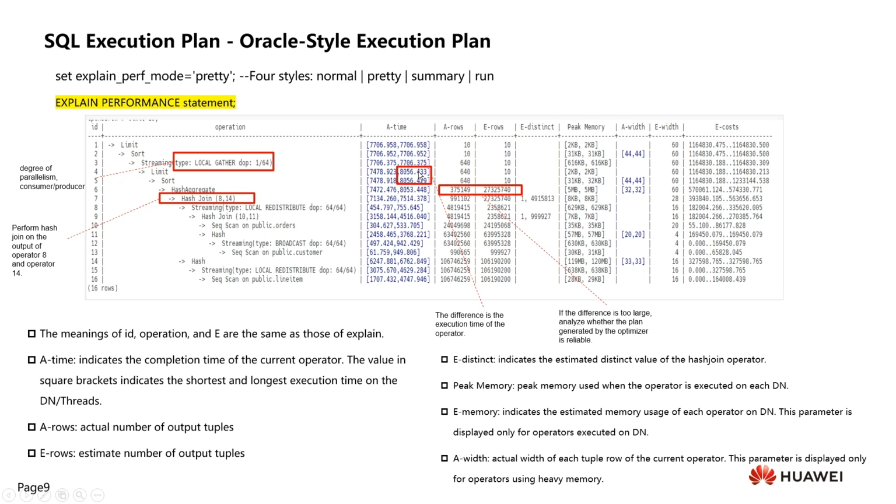The other thing to notice is that we need to keep an eye on the A-Rows and E-Rows. If the difference between them is too large, this means the statistics are inaccurate and we need to update them by analyzing the relevant tables.